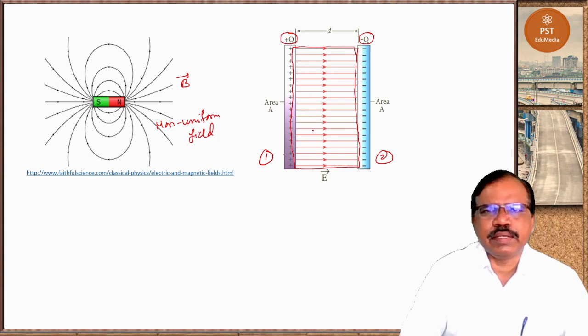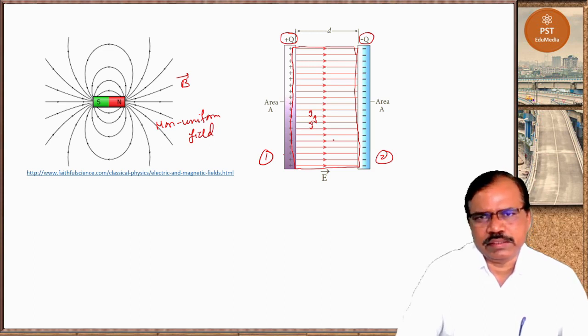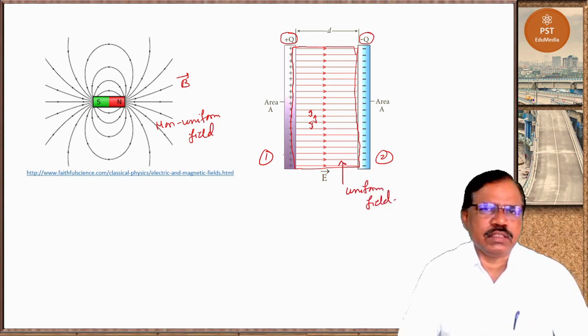And if we see the separation between the electric force lines, they are equally spaced. So this field is called a uniform field. So here the electric field is a uniform field.